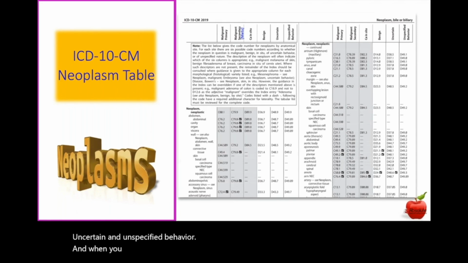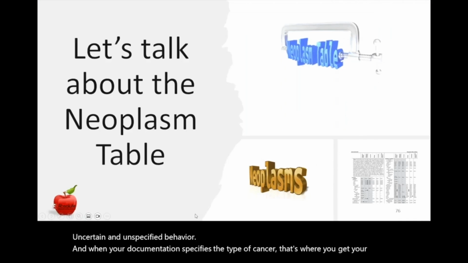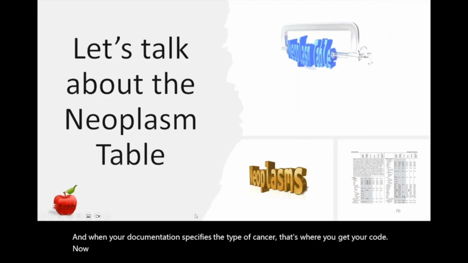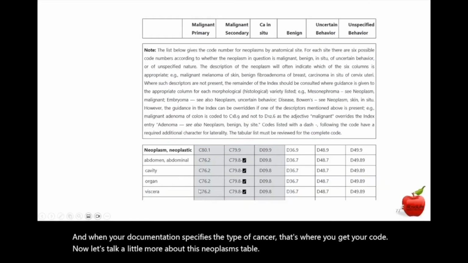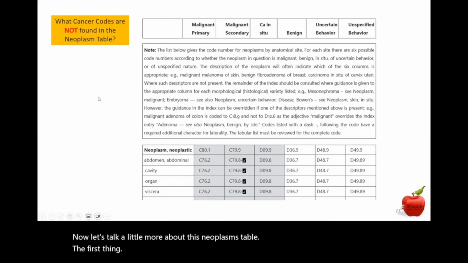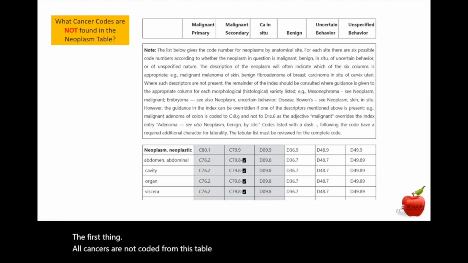When your documentation specifies the type of cancer, that's where you get your code. Now let's talk a little more about this neoplasms table. The first thing: all cancers are not coded from this table. Not all cancers, but your malignancies pretty much are.